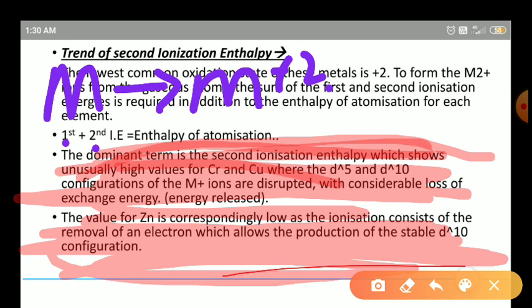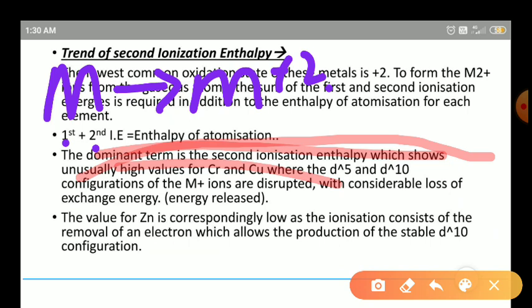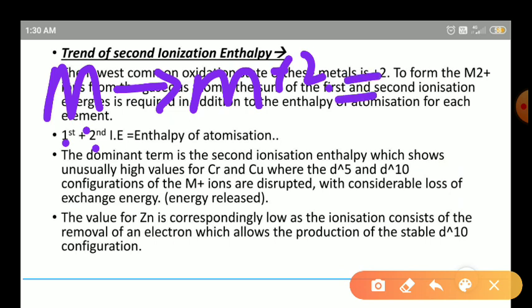Please, students, erase this one. When the metal turns into the metal ion, whatever amount of energy is required, I consider that energy as x kilojoule per mole.